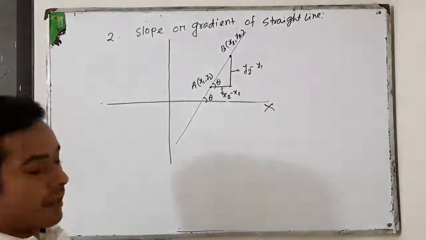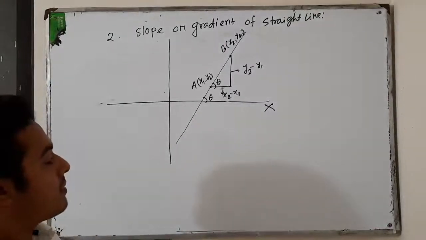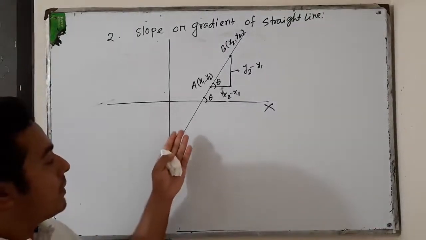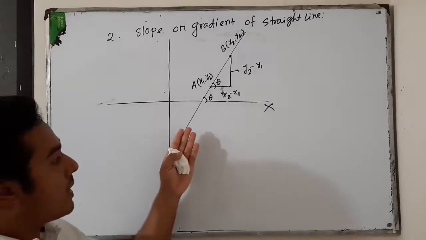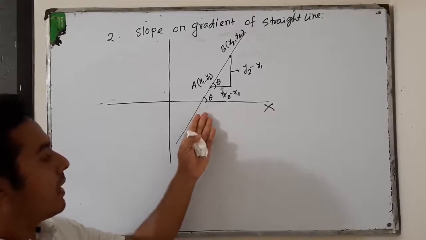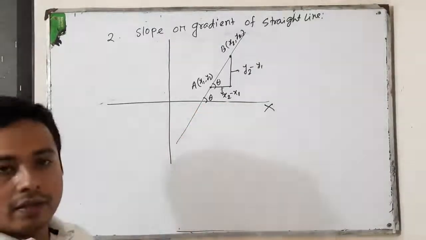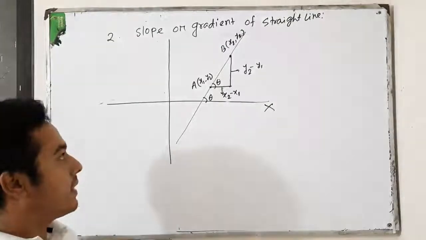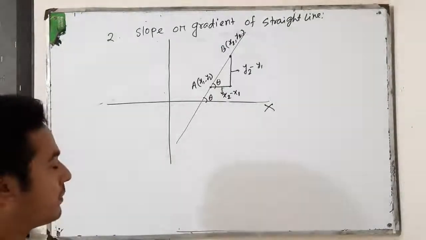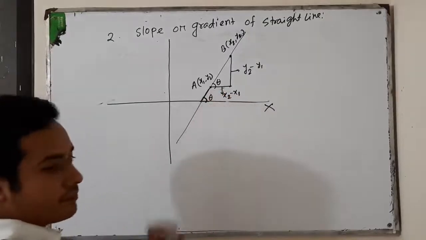In another way, we can say the angle created with the x-axis by this straight line is also called the gradient or slope of the straight line. How can you measure this angle?